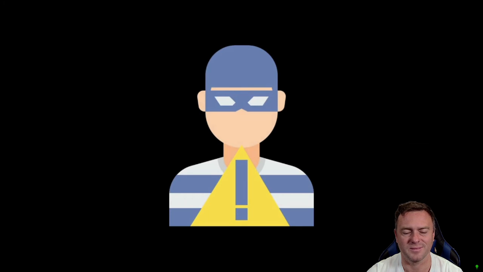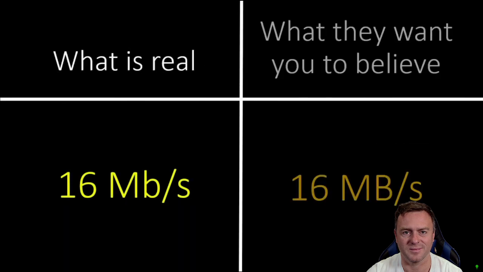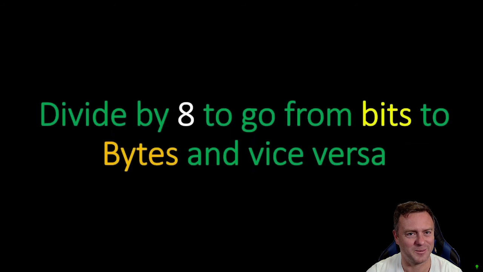For example, to show you a fast speed, they type 16 megabits per second, which is not equal to 16 megabytes per second, but only to 2 megabytes per second. That's happened to me. By the way, you can divide by 8 to go from bits to bytes, and vice versa.